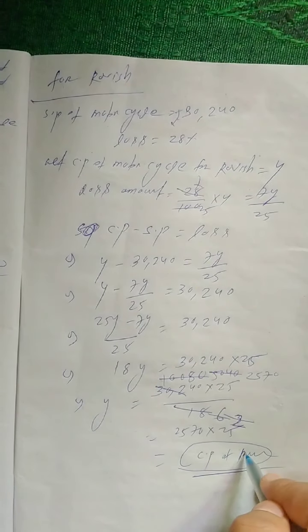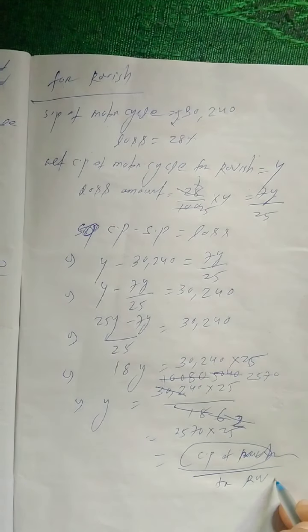CP of the motorcycle for Ravi. Okay, is that clear?